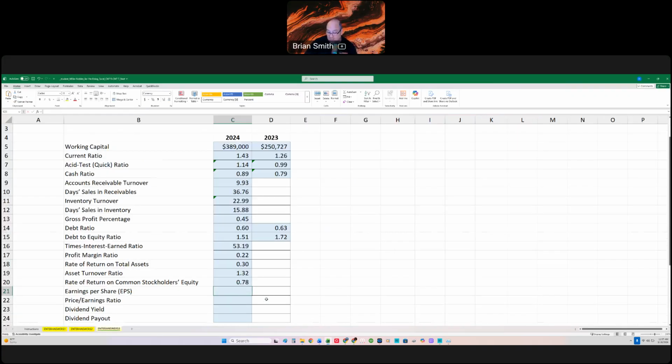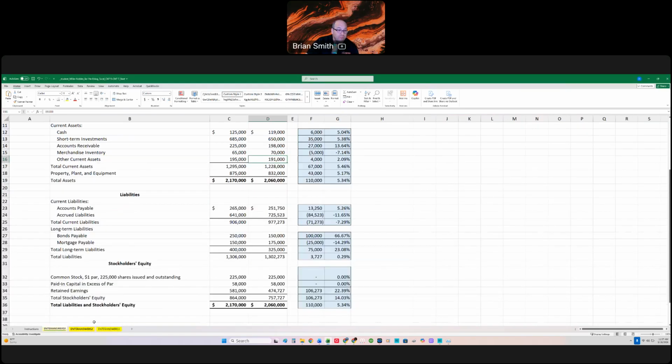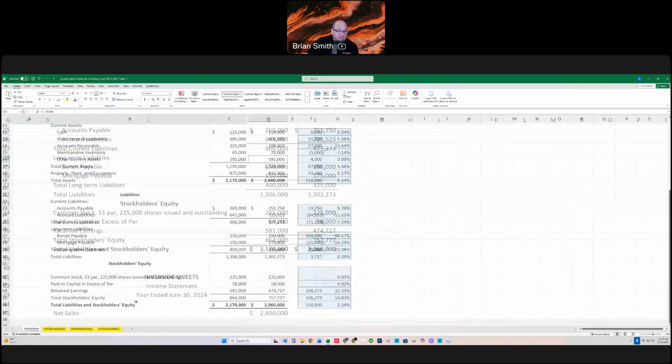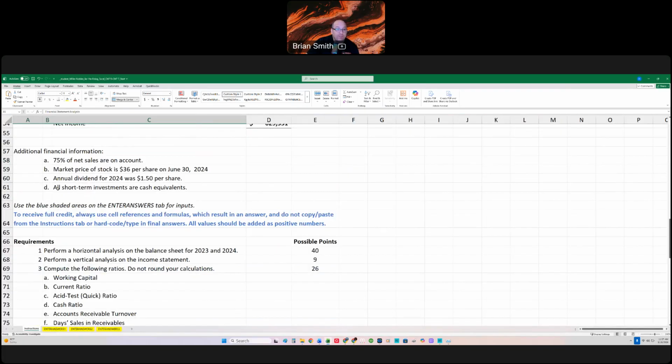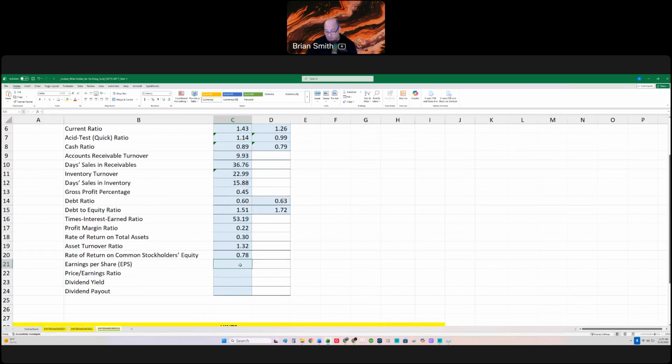Like I said, I did not see any preferred dividends, but let me go back to the instructions to see if there were any. Yeah, I don't see any. It doesn't say. Let's go back to enter answers 3, and now we're doing earnings per share.